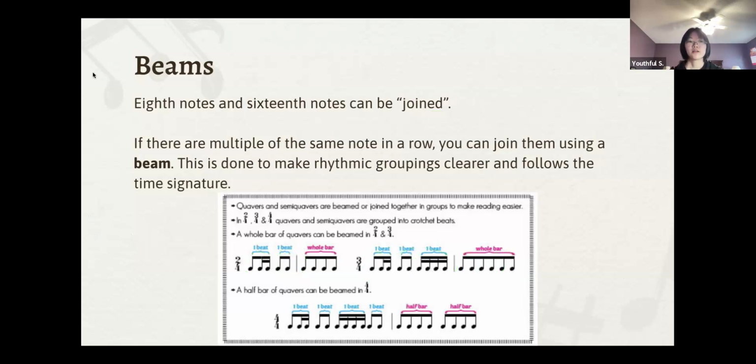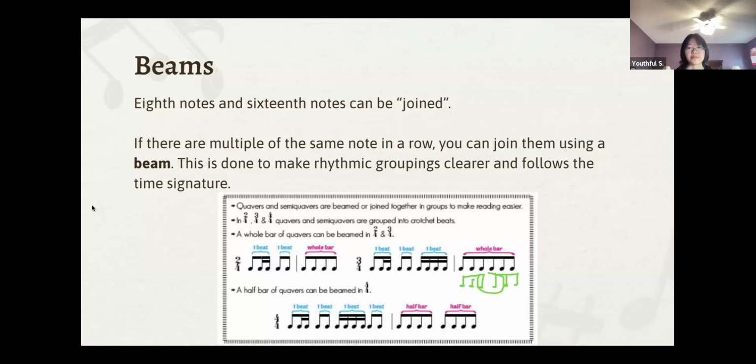So don't just randomly join them. If this is 3/4 time, and you were to join these 6 notes like that, that would be wrong because you're in 3/4 time. So you want to pay attention to the actual beats of the music and join them in a way that makes sense.